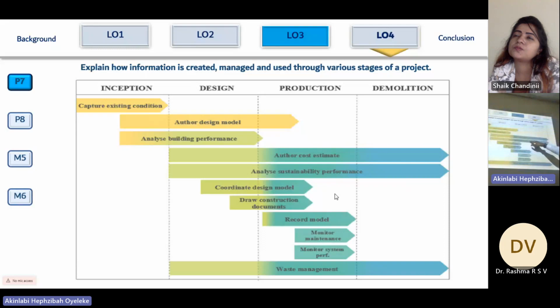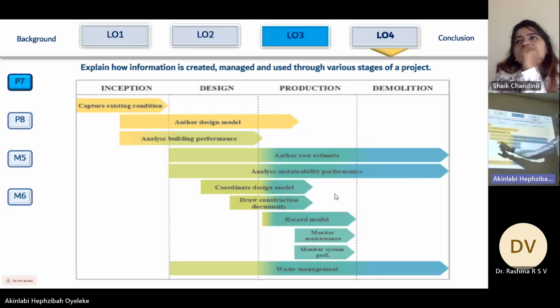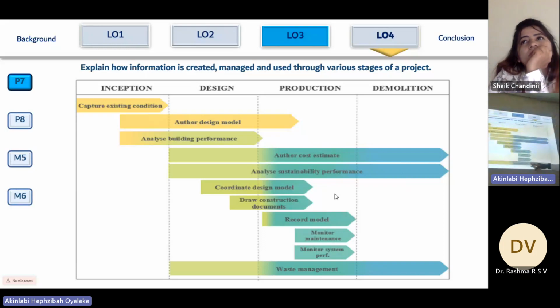The analysis of the sustainability is available from the design stage up until the end of the lifespan of the project. The information about the construction documents is available midway into when the design has started and into the construction stage. Then you have information about waste management throughout the lifespan of the project.